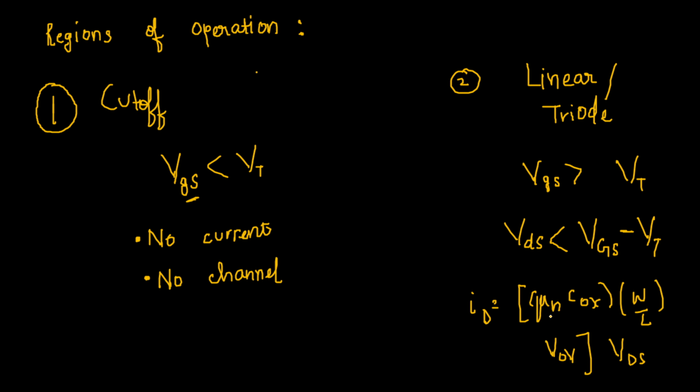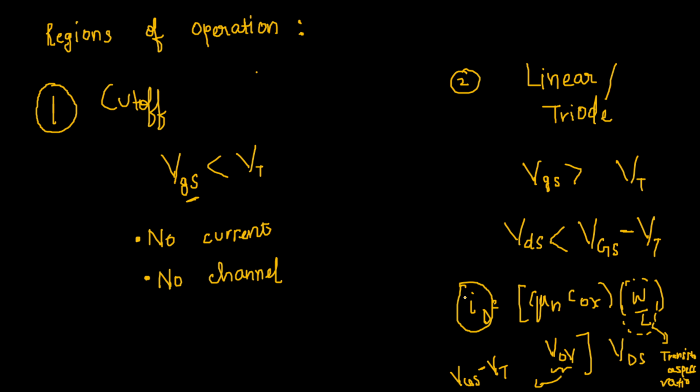Here V overdrive is always the difference between VGS and VT, and this W by L is known as the transistor aspect ratio. This tells us the ratio between the width and length of the transistor. Cox is the oxide capacitance, and those are the constants here.